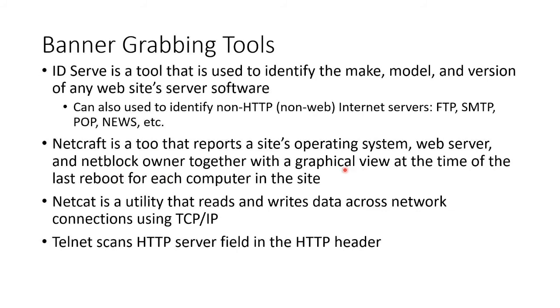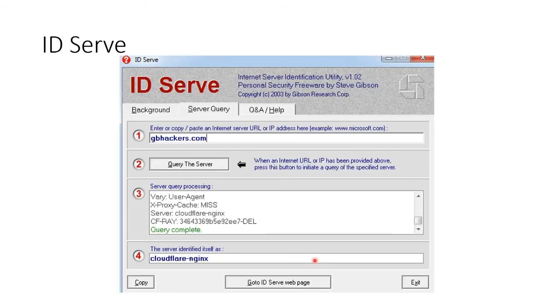Netcat is a utility that reads and writes data across network connections using TCP/IP, basically sets up a backdoor listener and you can connect to it. And Telnet is an easy way also of scanning different headers to get responses. So here's a picture of using ID Serve. So you put in the destination and you hit query the server and then it brings back all this information.